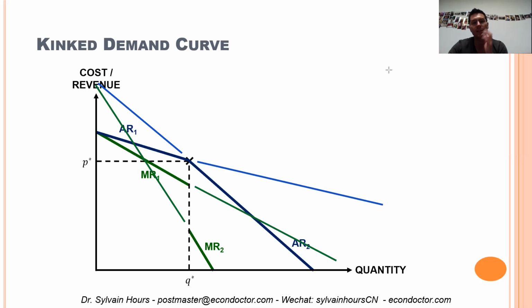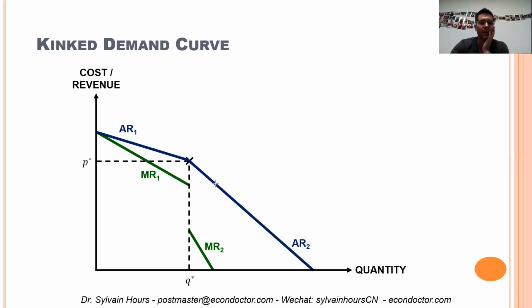And you see something interesting about the MR curve. Let me erase that. You see that at Q star, it jumps. I'll try to graph it. It jumps from this value here to this value there. Okay, this is what we call the jump discontinuity.